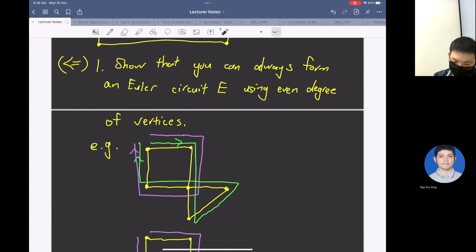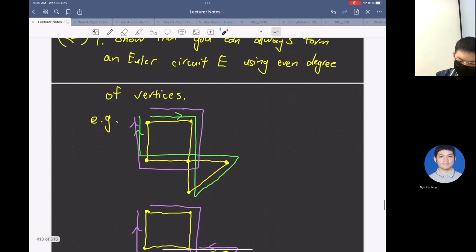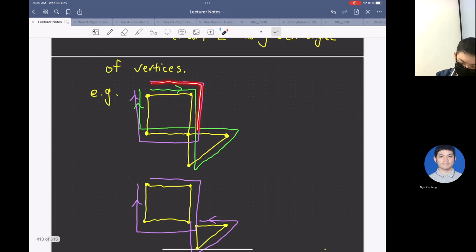But the concern here is, even if you found the Euler circuit, that Euler circuit sometimes just corresponds to a subgraph. Okay? Because this is also an Euler circuit, right? Because it passes through the edges exactly once and then comes back to the original point.